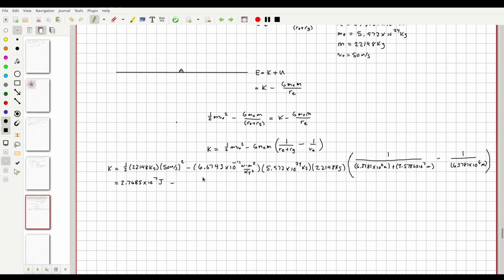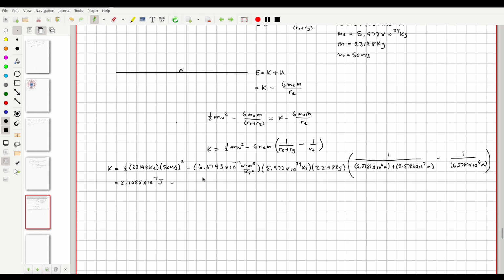Times, now here comes the big stuff, 1 divided by 6.3781 times 10 to the 6 plus 3.5786 times 10 to the 7th.